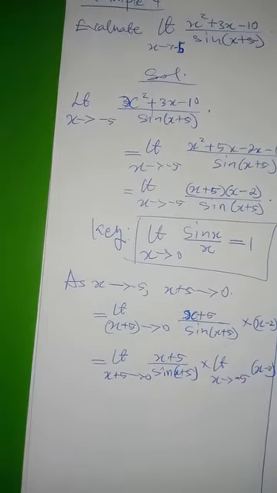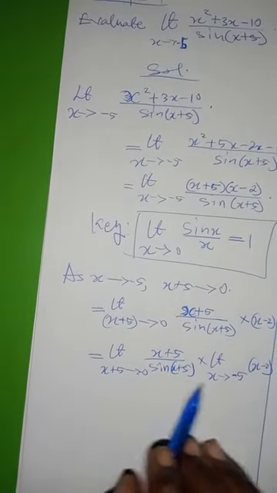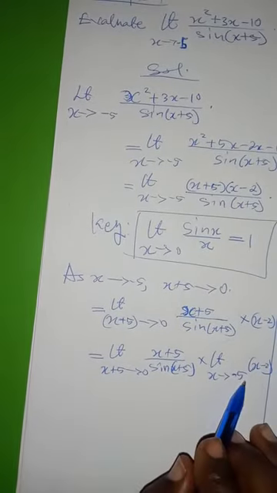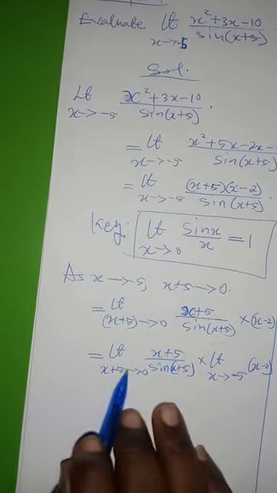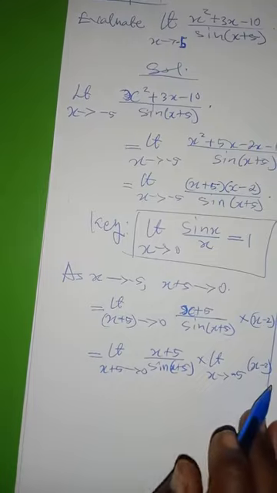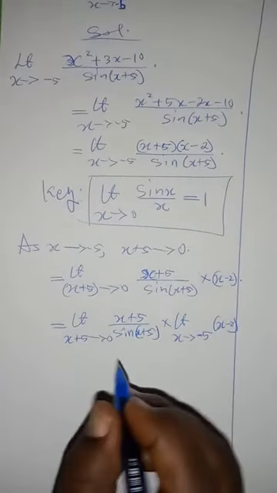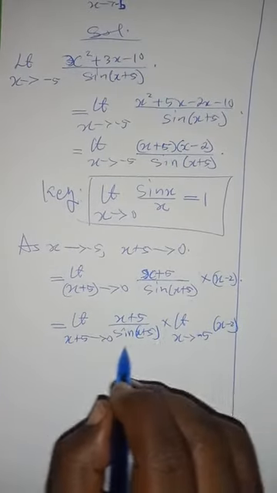That is the same thing as x tends to minus 5, this one tends to 0. Or as this whole thing tends to 0, x tends to minus 5. That is it. Okay, so if I do the substitution, you see clearly that this gives me 1.